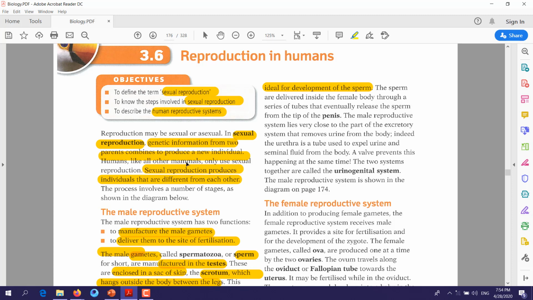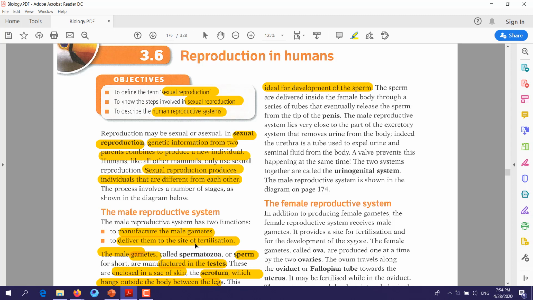Now, here it will manufacture the gametes. Now we know how the sperm are produced. Now let's come to the second function of the reproductive system, which is to deliver them to the site of fertilization. Now we will see how these sperm will be delivered.